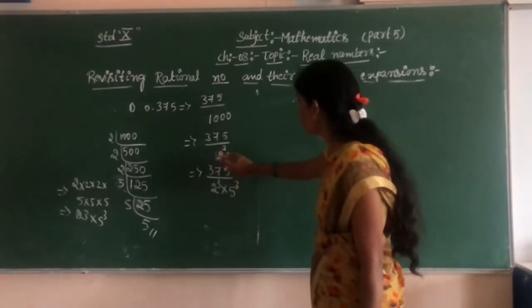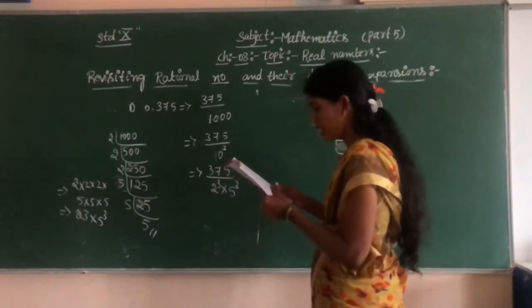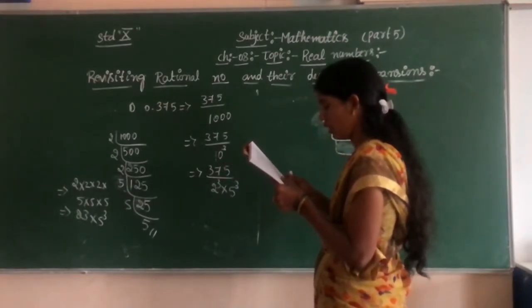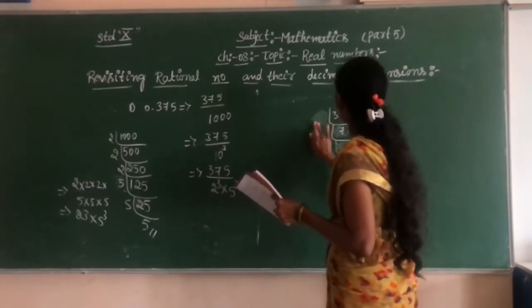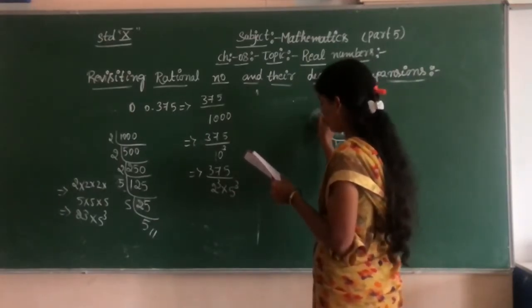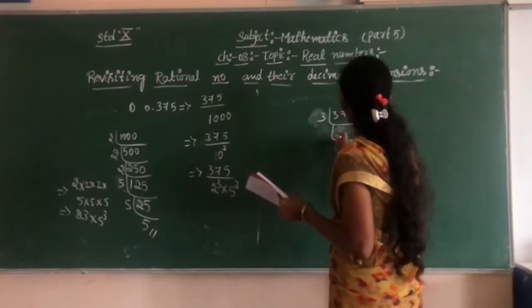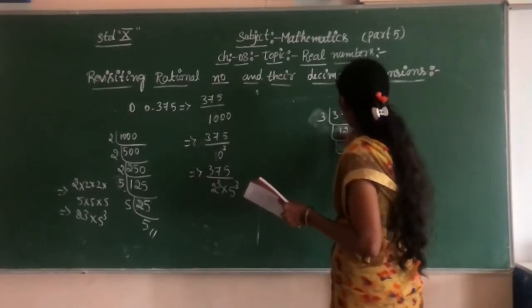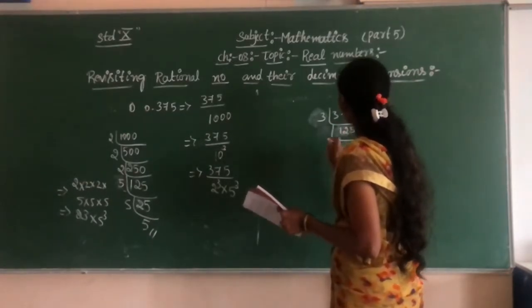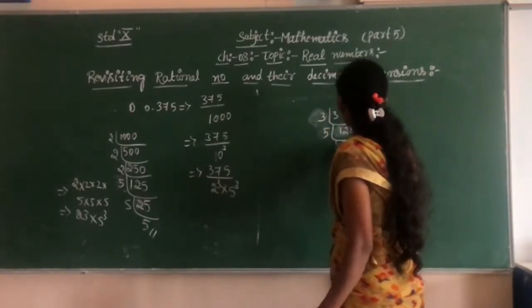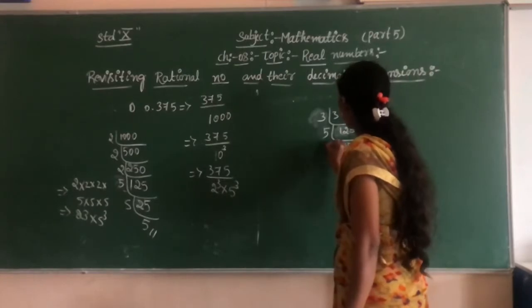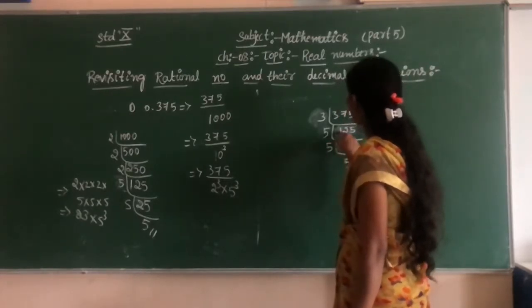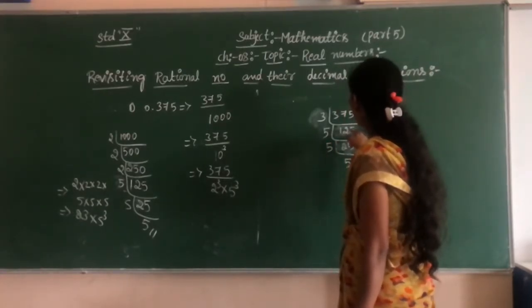So here, 375 is 3 into 5 into 5 into 5. 3 1s are 3, 3 2s are 6, 3 5s are 15, 5 2s are 10, 5 5s are 25.